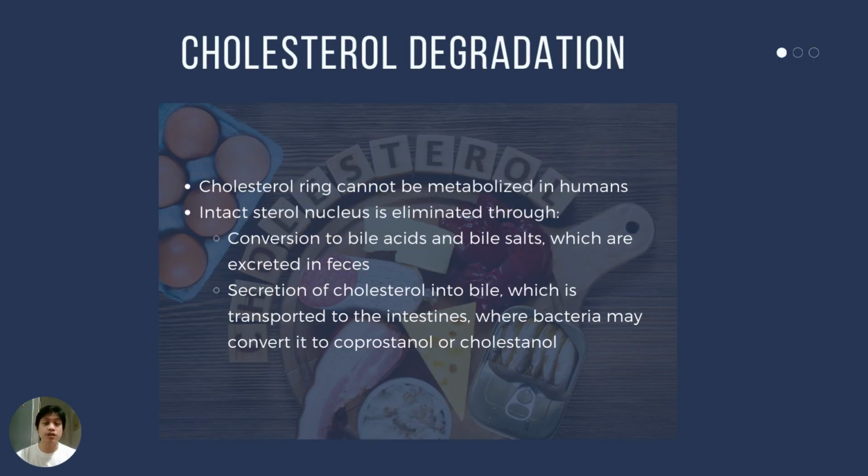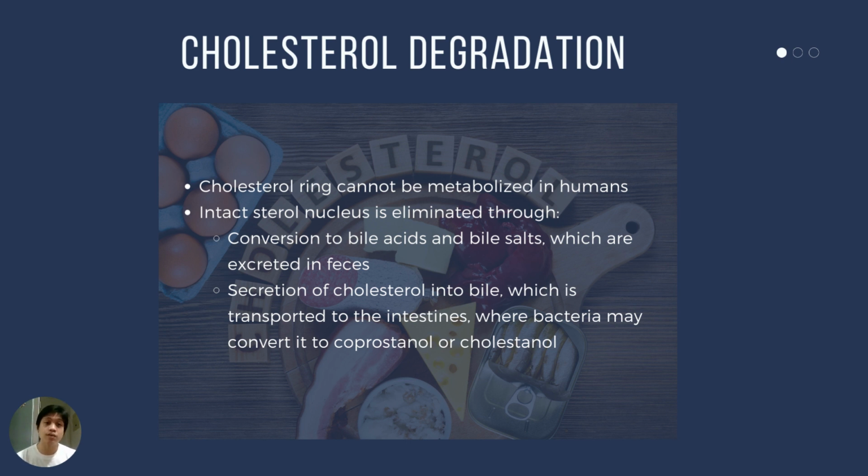The cholesterol ring that we have formed cannot be metabolized in humans. So we cannot degrade the entire cholesterol. So what we do is convert that cholesterol molecule into other products. For example, conversion to bile acids and bile salts, which will be found in the bile, which allows you to solubilize dietary fats.